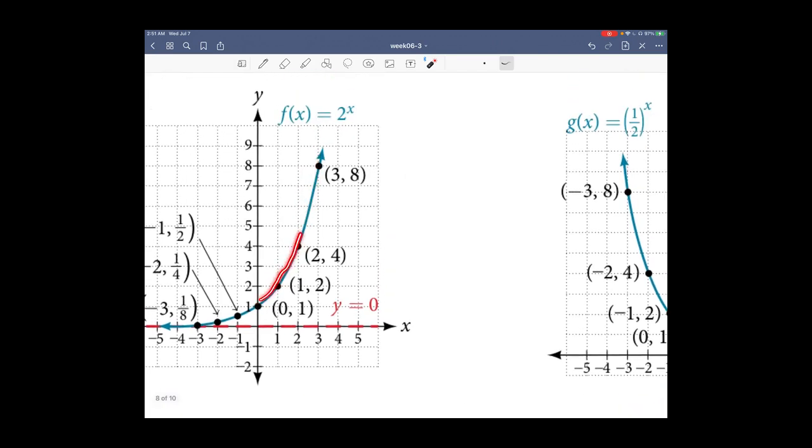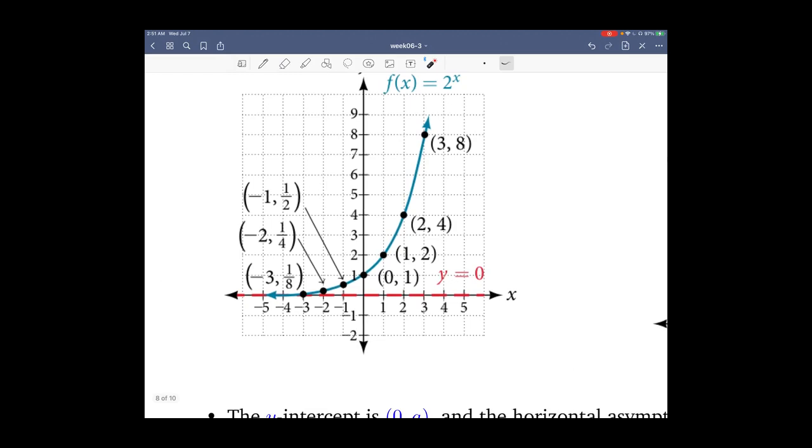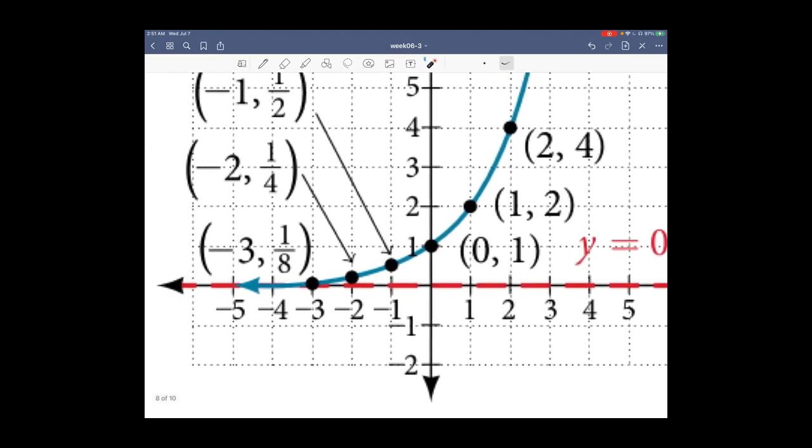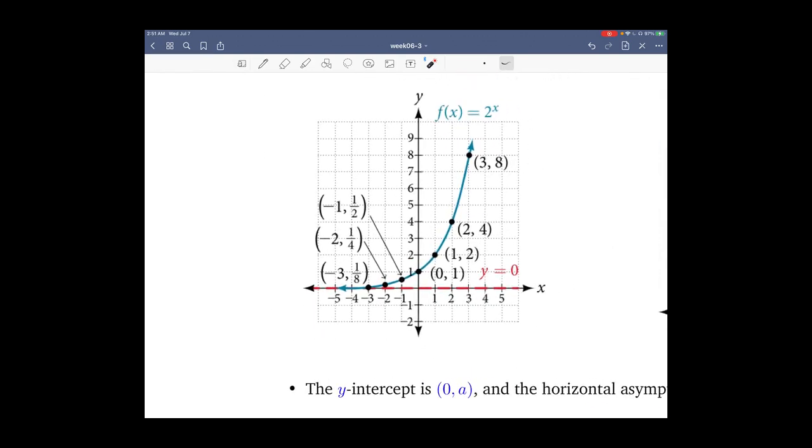The graph pretty much becomes vertical very quickly. Vertical, of course, in quotation marks. And likewise, to the left of 0, the graph decays also very rapidly. And moreover, y equals 0 is a horizontal asymptote.